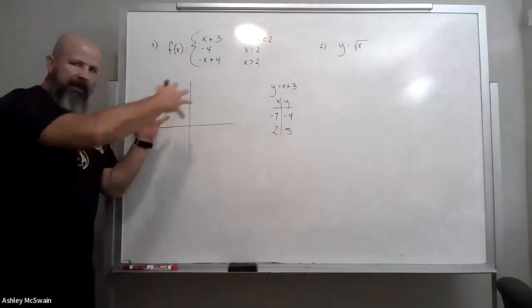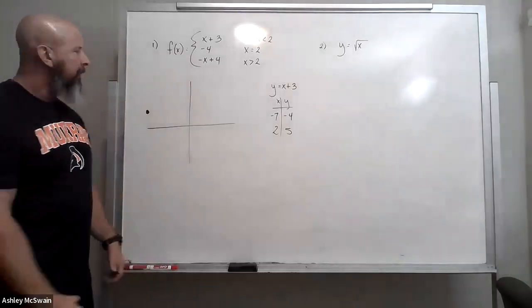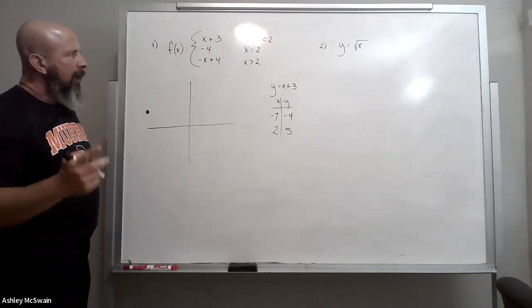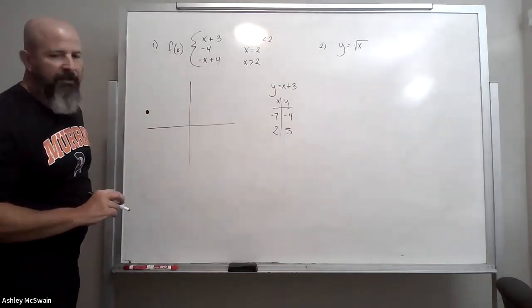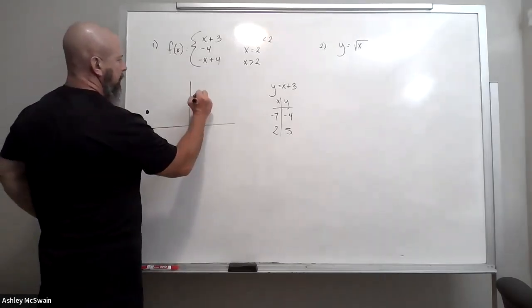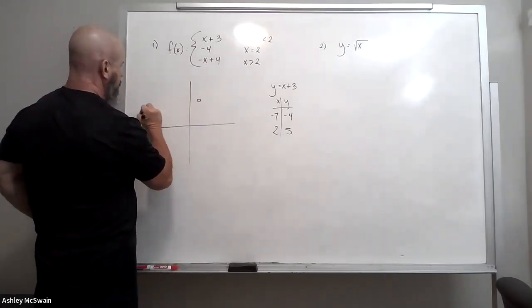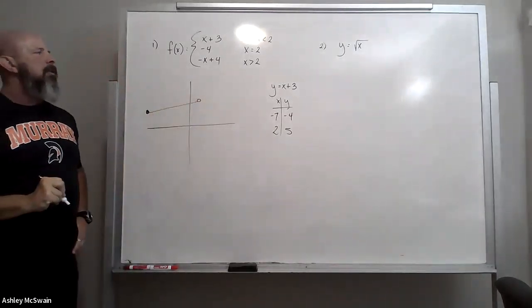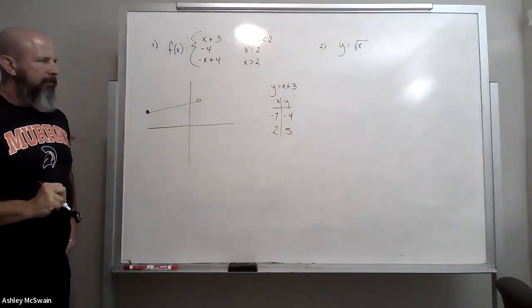On a test, you're given a nice grid, things like that. It would be a solid dot because I do have the equal to, and it's going to go to 2, 5. So that'd be about right here, and I'm going to have an open circle, because they don't have the equal to.